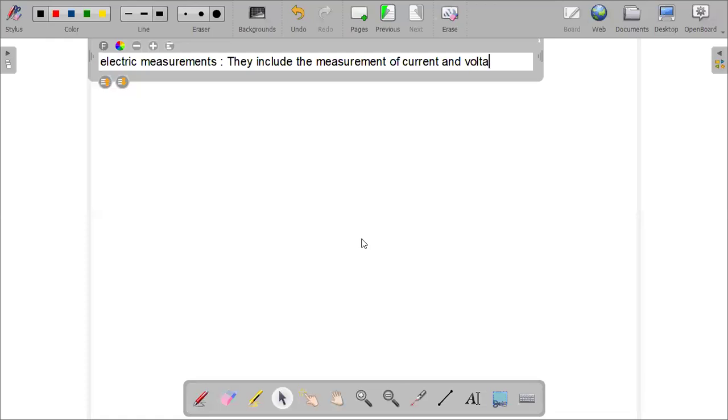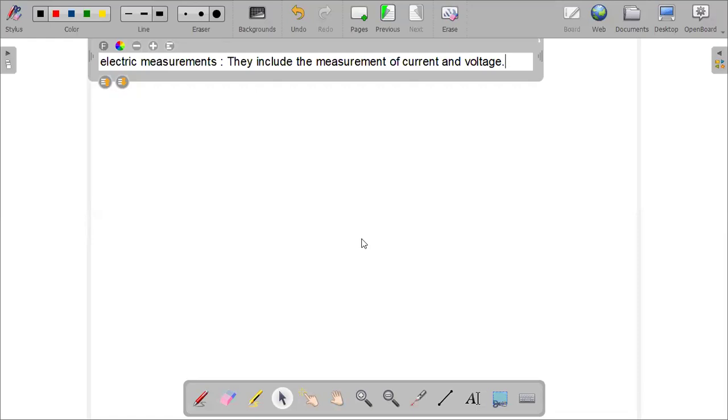There are different other things also which are measured, but currently we will be measuring the electric current flowing in the circuit, and we will measure the electric voltage or electric potential between the 2 points.